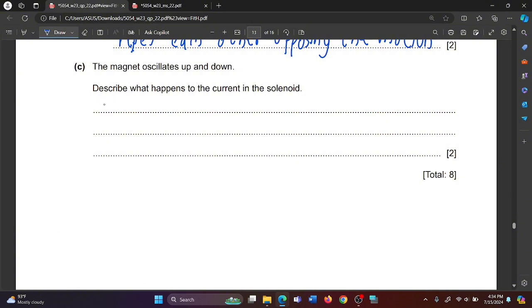So let's first write the current direction.